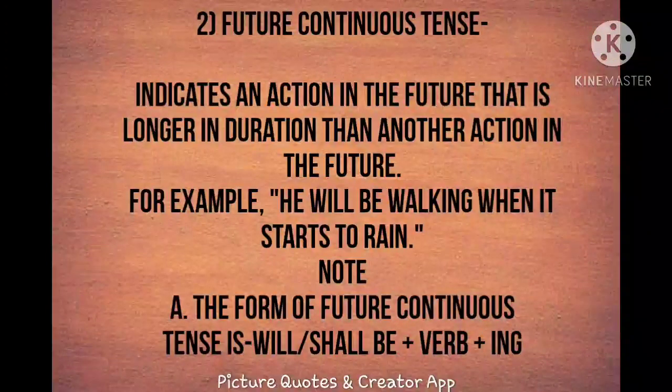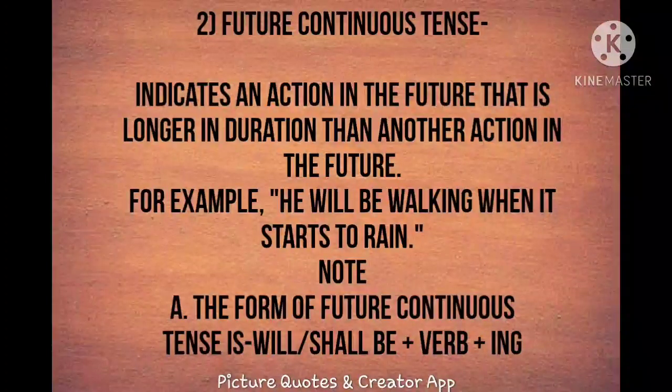The next one is future continuous tense. Future continuous tense indicates an action in the future that is longer in duration than another action in the future. So when you indicate two actions in the future, the longer action can be said in future continuous tense. Look at the example.